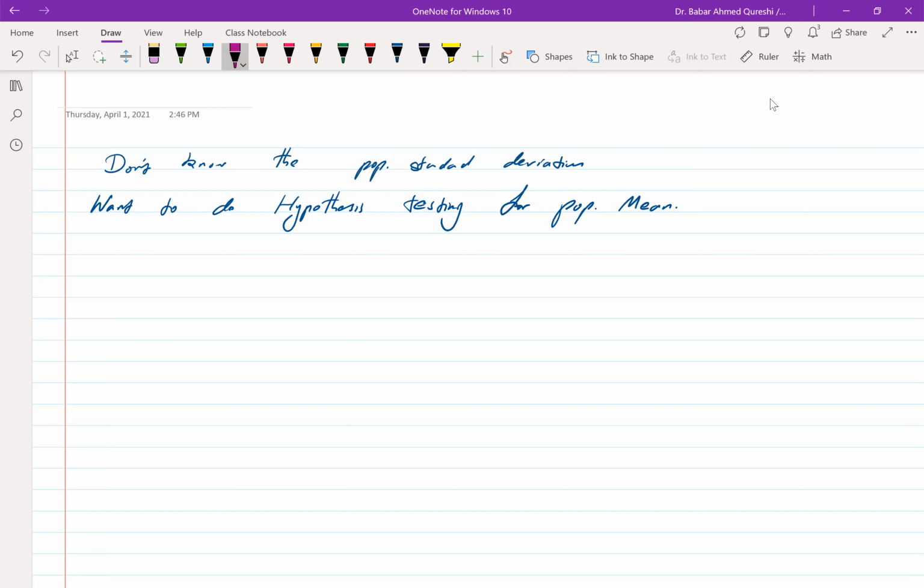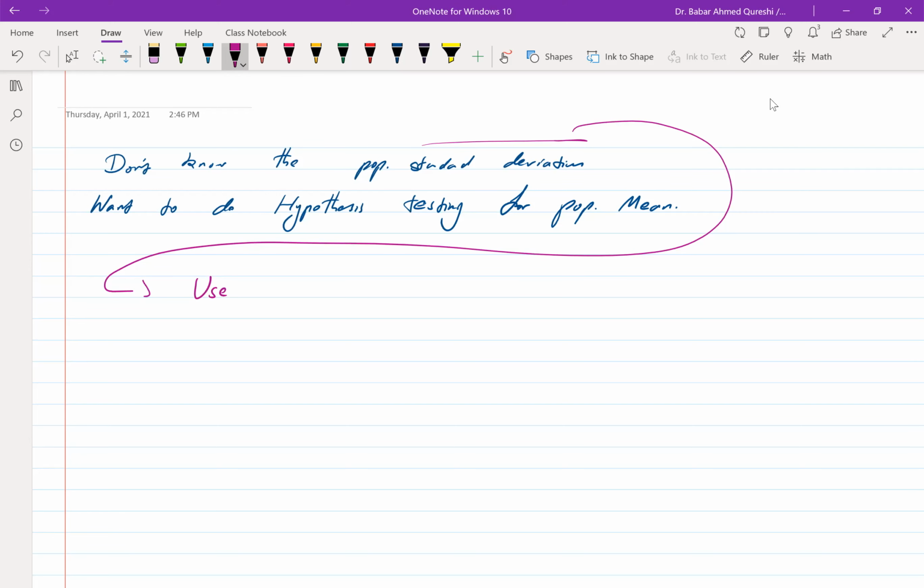Since you don't know this standard deviation, the solution is to use the sample standard deviation to estimate the population standard deviation. Estimate, or the correct word should be replace.